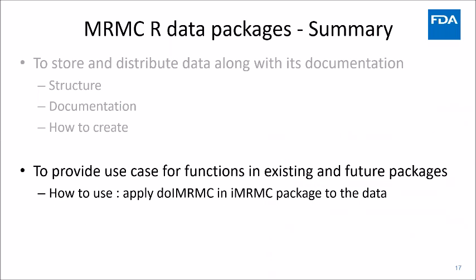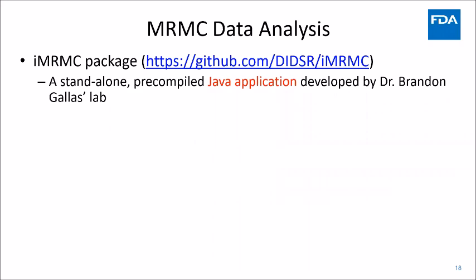So far, I have talked about the structure, documentation, and how to create the MRMC R data package. The next part will be how we apply the MRMC analysis on this data package. I will show the functions in the iMRMC package. The iMRMC package is a standalone pre-compiled Java application developed by Dr. Brandon Gallas' lab.